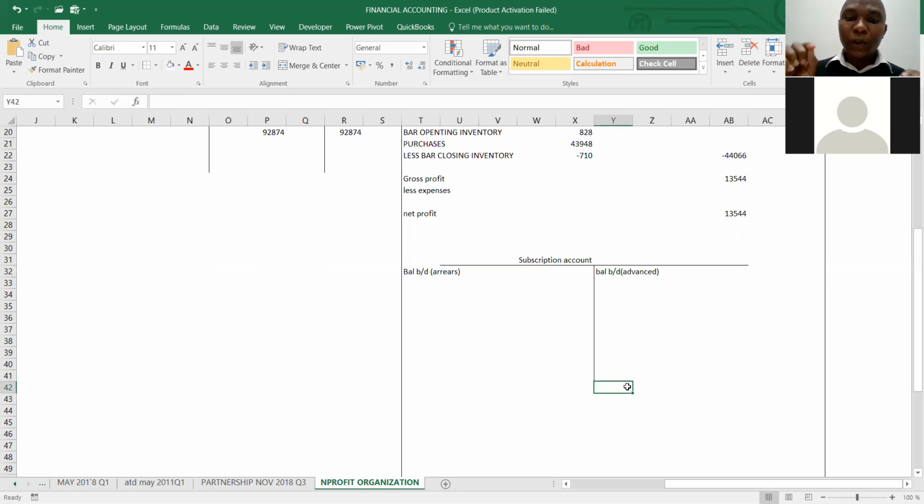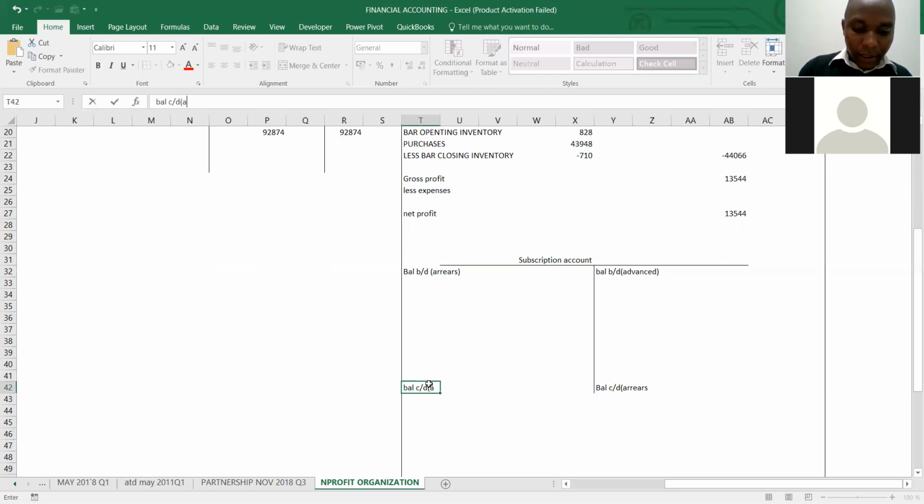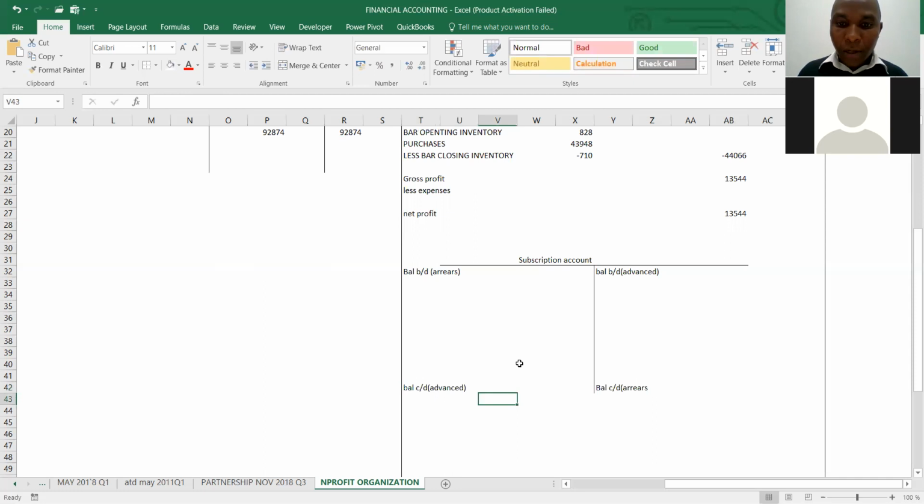It is upon you to see and put them. There is no computation. Balance carried down in bracket, this is arrears, and here balance carried down in bracket, advance. The moment you open the subscription account, you need to put those figures, because it is a free mark.